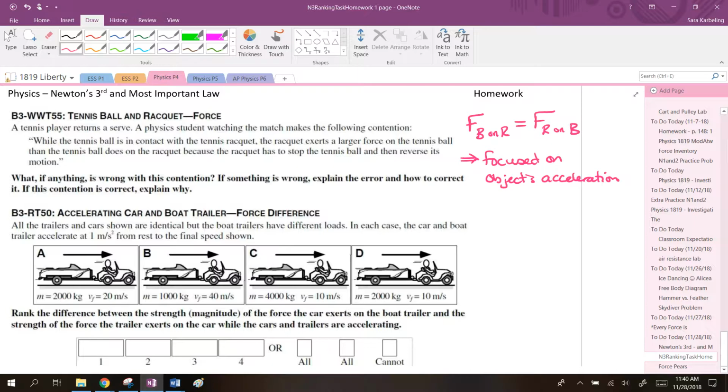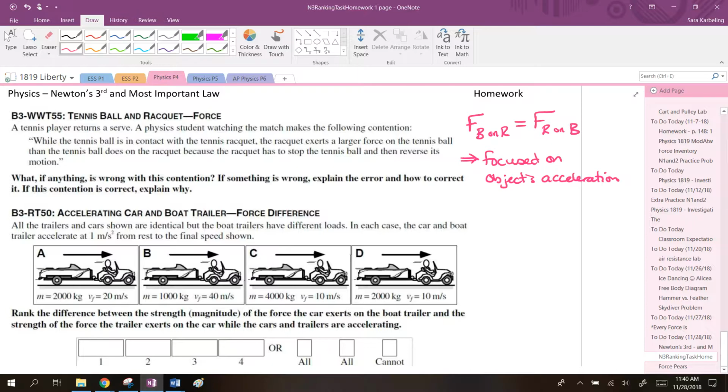You can imagine the mass of a tennis ball. And then you can imagine the mass of the racket plus the person. The person is with that mass if you add those together. Indeed, because it's behind the ball. Yes, so person plus racket is going to apply a force to the ball. The ball is going to apply a force to the person plus racket, but which is going to accelerate more? The tennis ball is, right? Yeah. So we're focused on the object's acceleration.